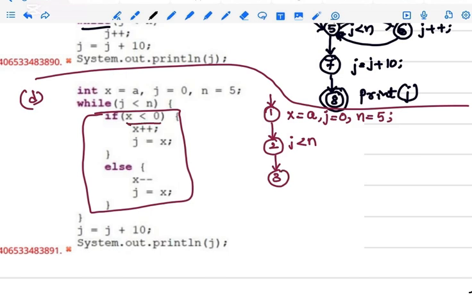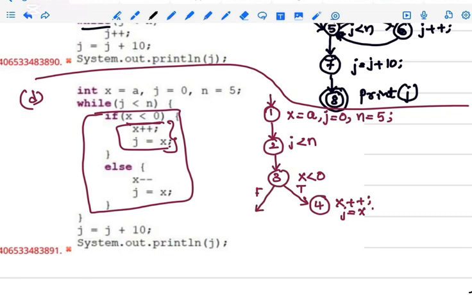If x less than 0, if the condition is true, then at node 4, x plus plus statement and j equals x. Okay, if block. So these two statements are at node 4. After that, the else block, that is false, that is x greater than or equal to 0, it reaches node 5.